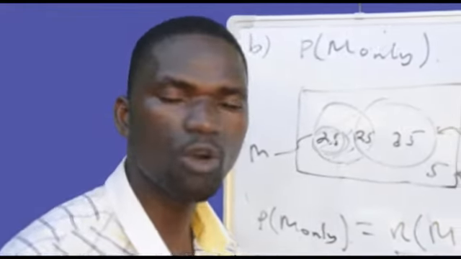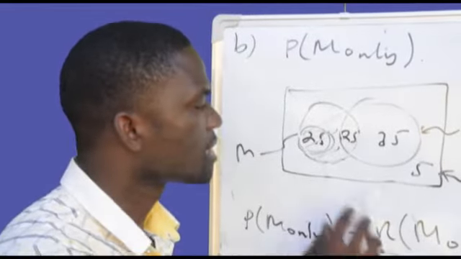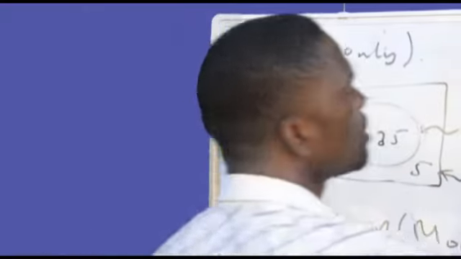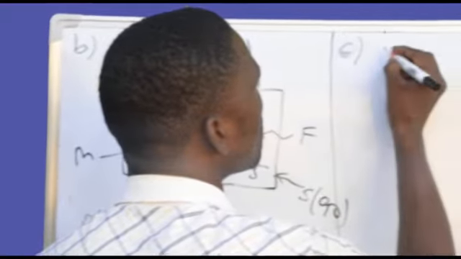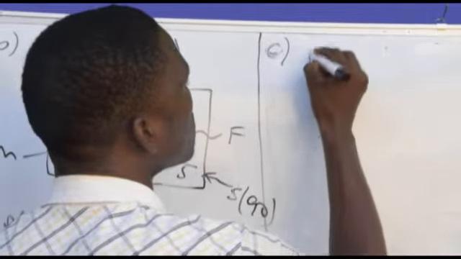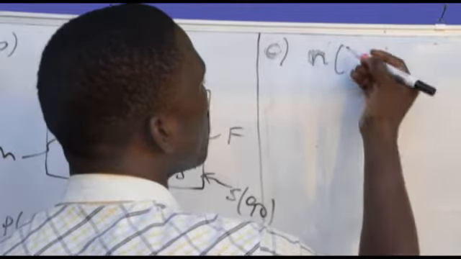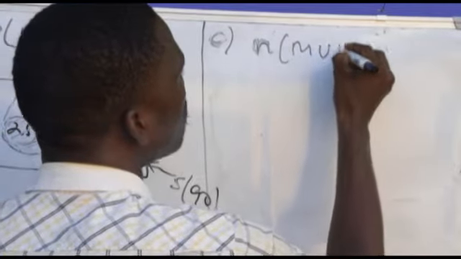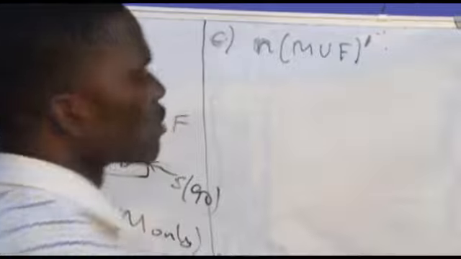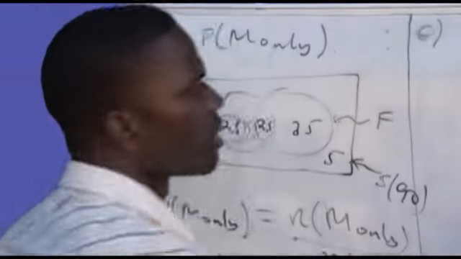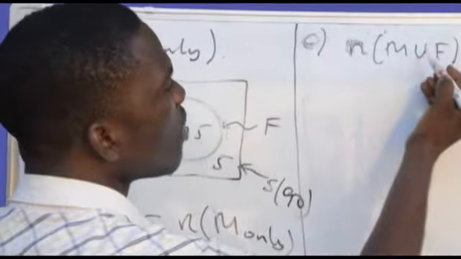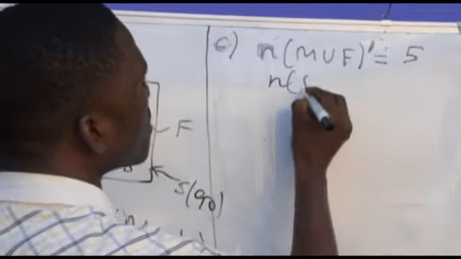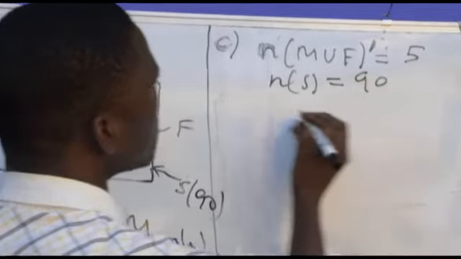That means you have to take all members who are outside set M and outside set F. Those students are 5, and the number of sample space equals 90.